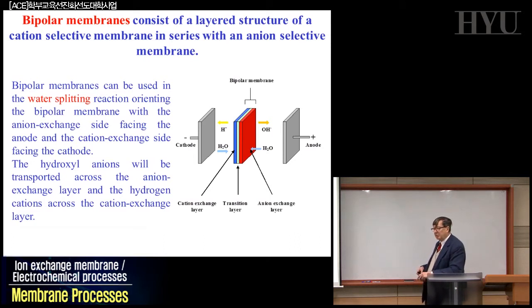You can split the water into H plus and OH minus using a system of this kind, and you can do the same with salts. Sometimes you can split salts, producing acids and bases in some chemical reaction. So this configuration is also becoming interesting for specific wastewater treatment, where you want this kind of operation, for example water splitting or other salt splitting.